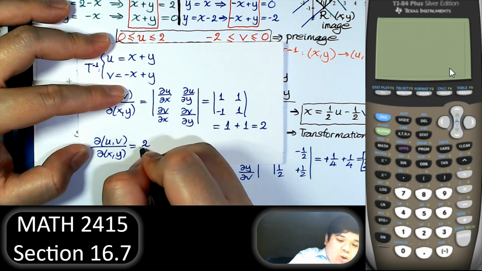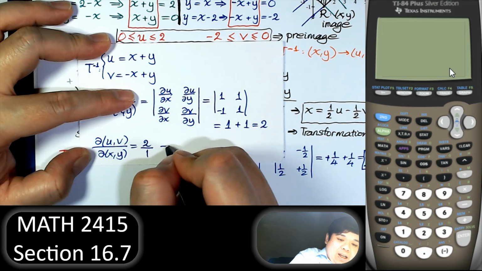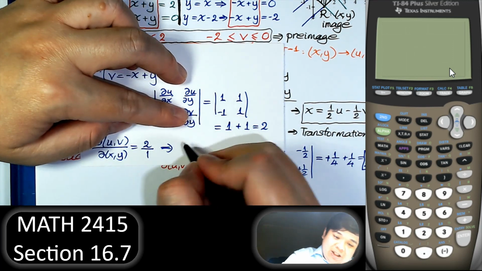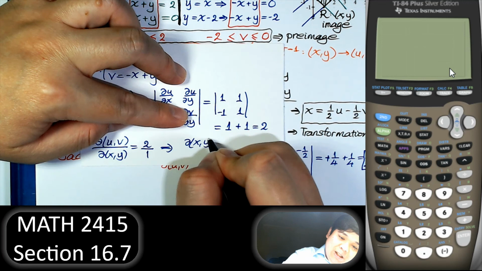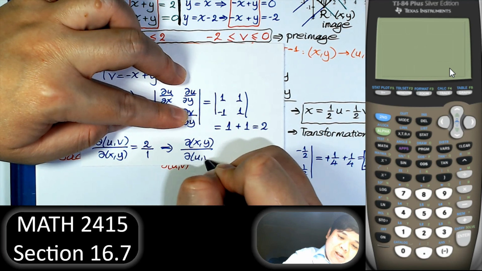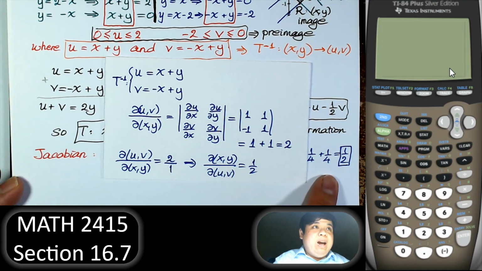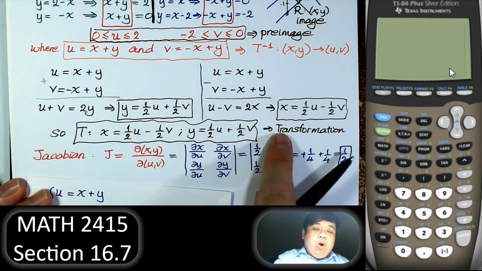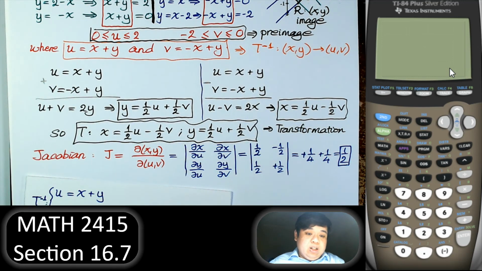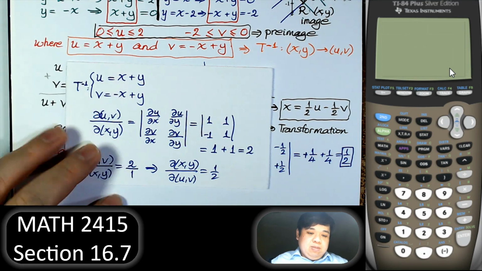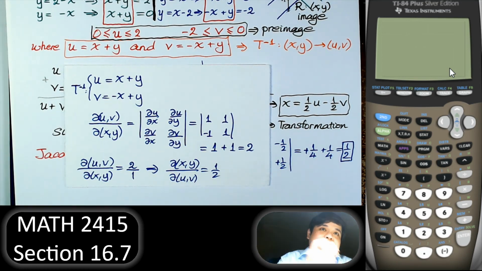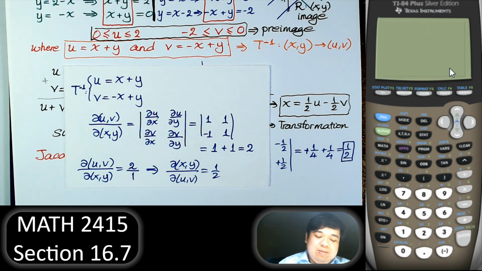Now, we have d of uv over d of xy is equal to 2. Why don't we write that as 2 over 1? So in that case, if we want to flip, it is 1/2. Exactly what we have here. Like I said, we don't even need to know what x and y are equal to in terms of u and v. We have the Jacobian. That's right.